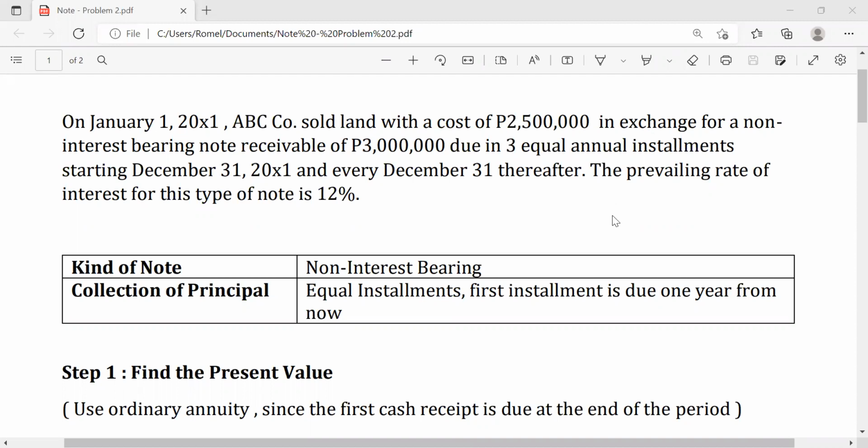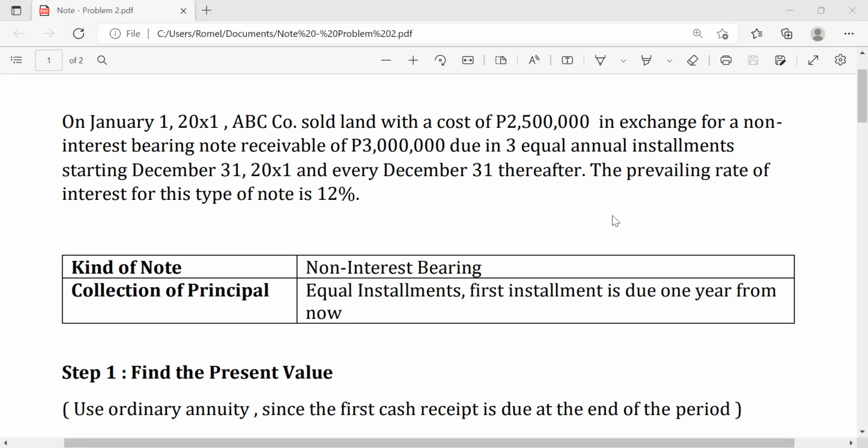So we have this problem: on January 1, 20X1, ABC Corporation sold land with a cost of 2,500,000 pesos in exchange for a non-interest bearing note of 3 million pesos due in 3 equal annual installments starting December 31, 20X1 and every December 31 thereafter. The prevailing rate of interest for this kind of note is 12%.